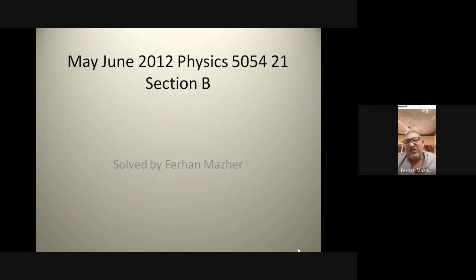In this session, we have only attempted its Section B. Section A of this paper we will do in another session. I hope that this session has been helpful to you.